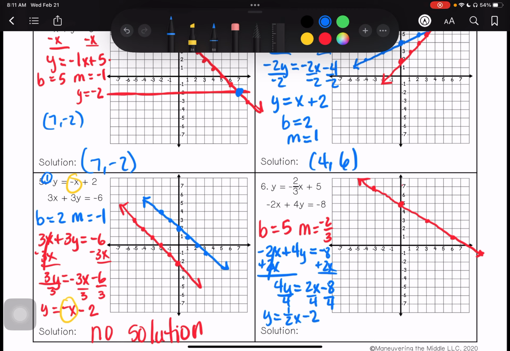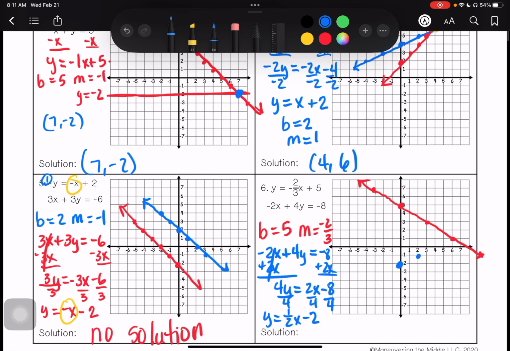So my y-intercept is negative 2. My slope is rise 1 to the right 2. So you can see this is one solution, and my point of intersection is 6, 1. So that's my solution.